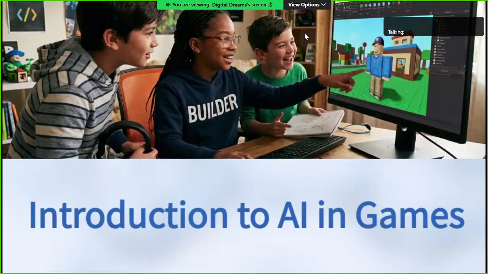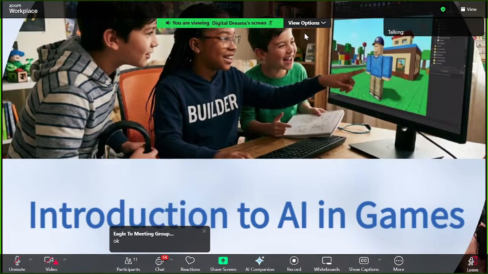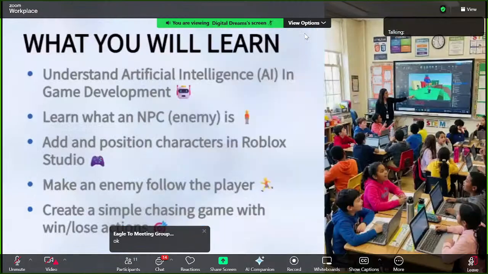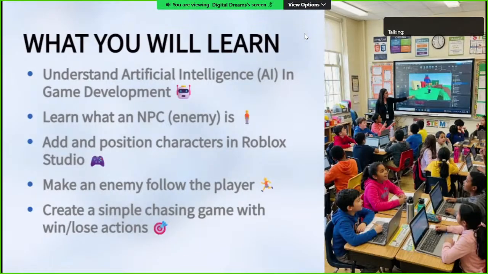Okay, so what we are going to learn in today's class. Okay, so these are the things we're going to be looking at in today's class. We are going to understand artificial intelligence in game development. That's how we can use AI in game development. Secondly, we're going to learn what an NPC enemy is, right? NPC stands for non-player character.